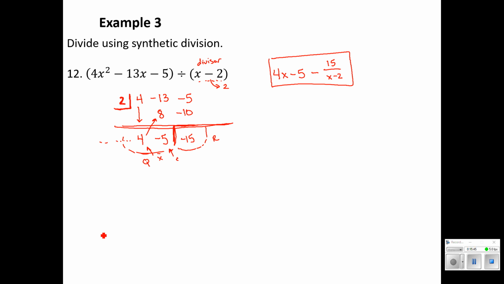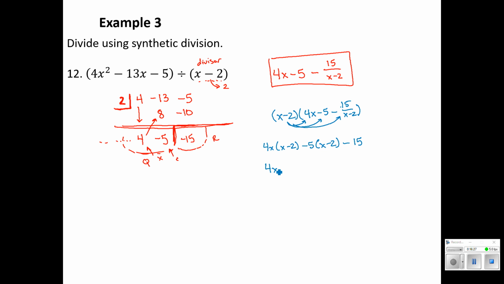Now let's say we wanted to check this. If we wanted to conduct a check, which may or may not be required, x minus 2 times 4x minus 5 minus 15 over x minus 2. It's just the distributive property, distributing this x minus 2 to everything. Now let's see what we get. So 4x times x minus 2 minus 5 times x minus 2, and then minus 15 divided by x minus 2 times x minus 2, that's just going to be a 15.